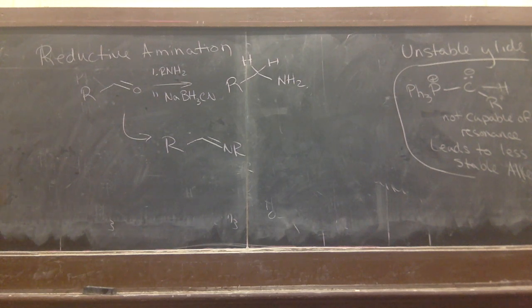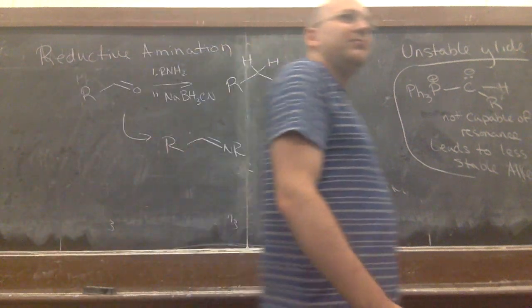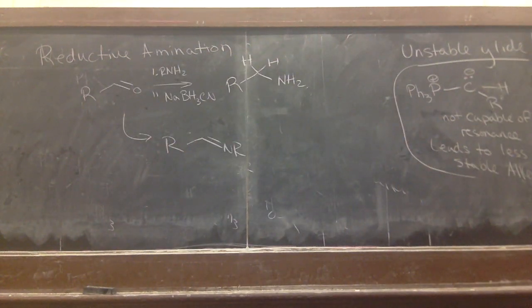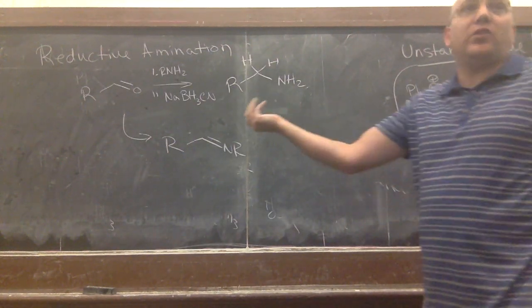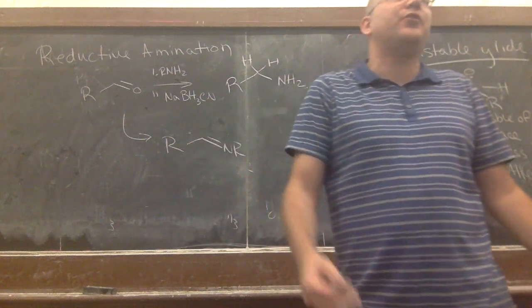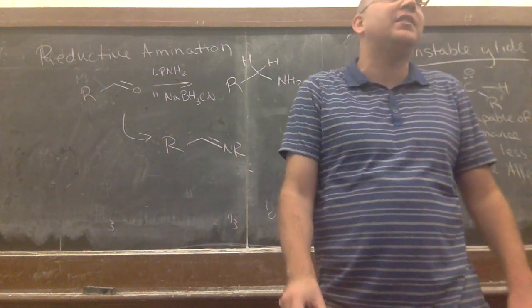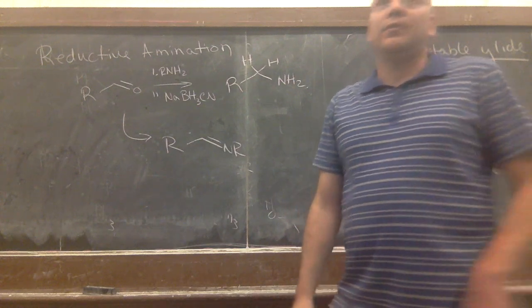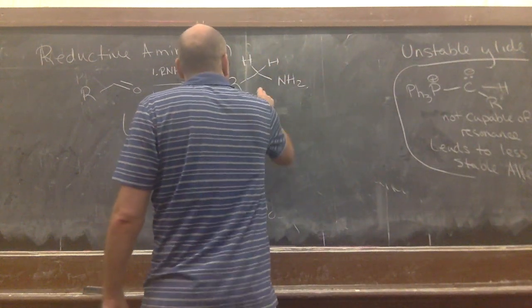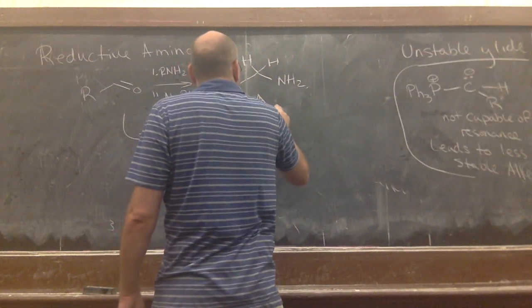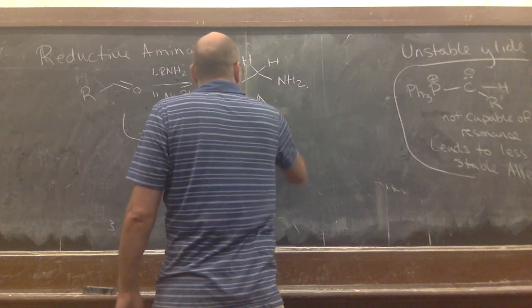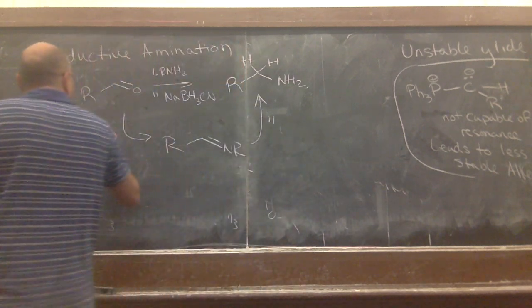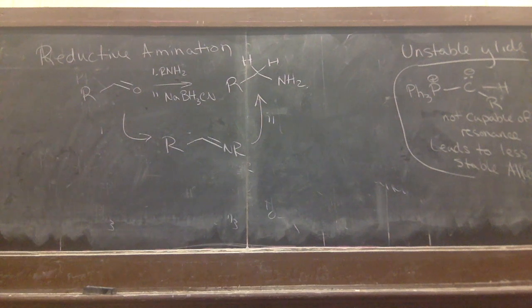What do you think sodium cyanoborohydride is? It's just kind of like sodium borohydride. Sometimes I haven't even taught sodium cyanoborohydride. It's got a little bit different reactivity profile, so it's been optimized for iminium reduction. But yeah, the first step is just condensation, second step.